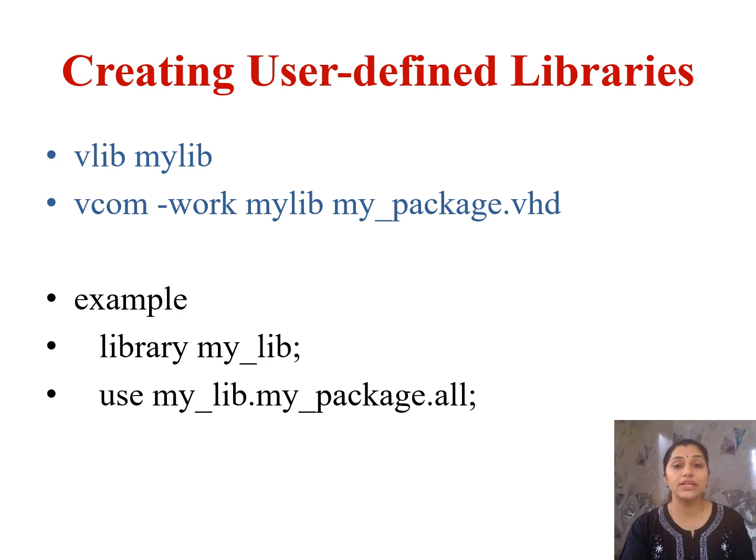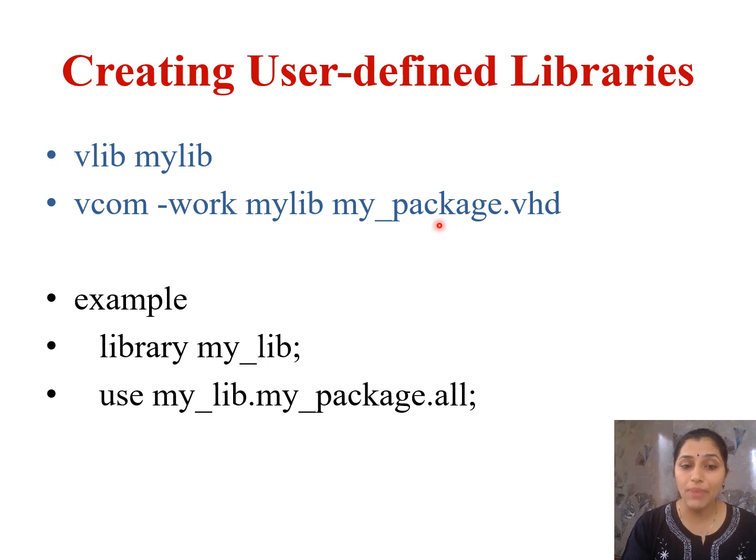Then how to create your own library? You can use command vlib. So vlib mylib. My library's name is mylib, and I'm creating it using vlib command. And to associate package with that library, I have one package which has functions, procedures stored in it.